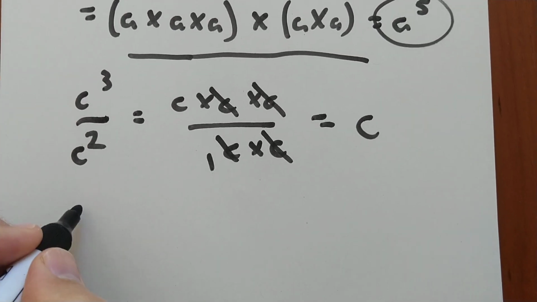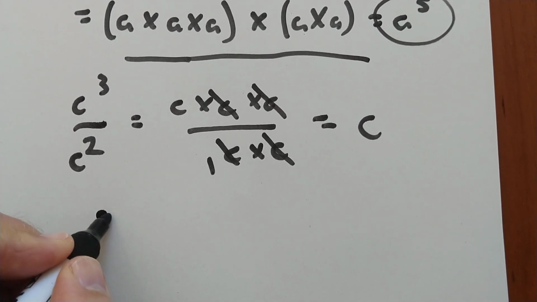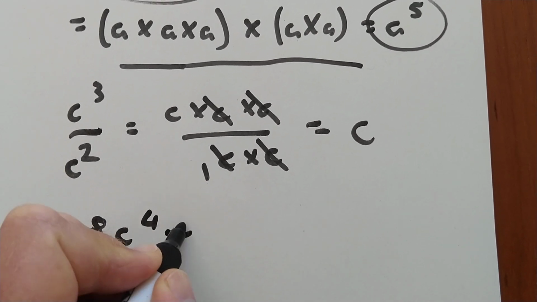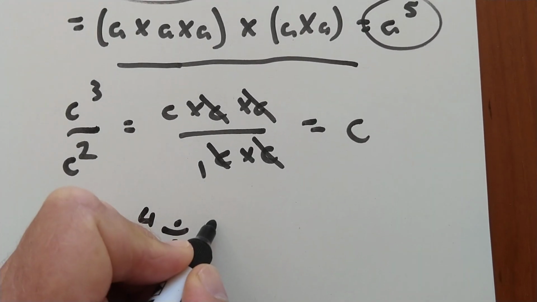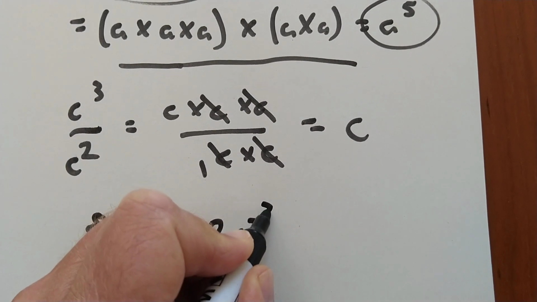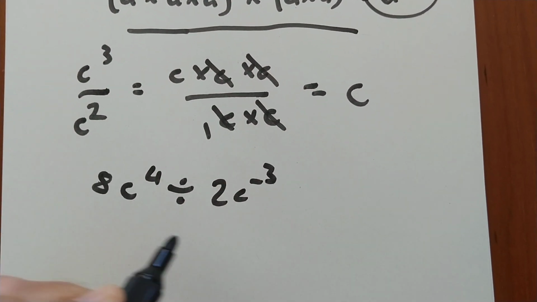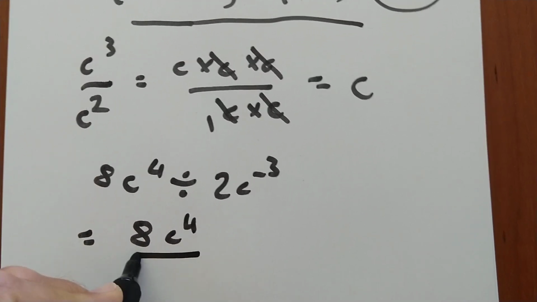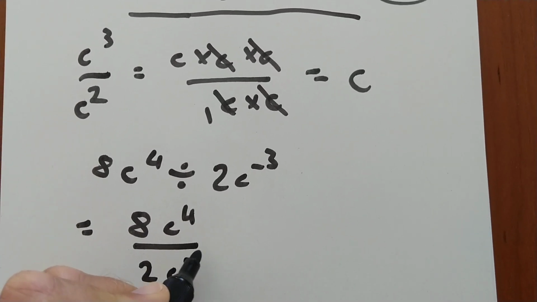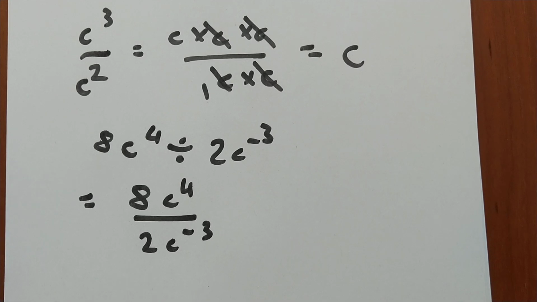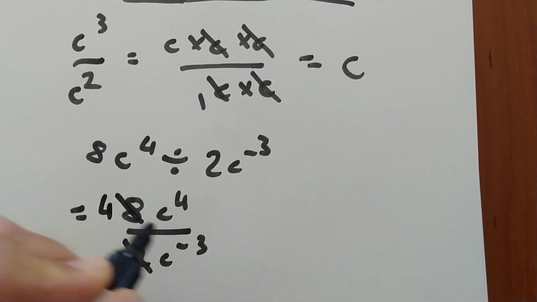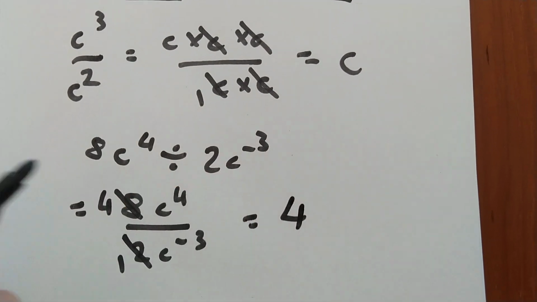Well, in the same way, I can now deal with a more complicated one. Now that I've got a simple example to remind me of the rule, if I had something like 8c to the power of 4, divide by 2c to the minus 3. Well, another way of saying divide is just to say that's 8c to the 4 over 2c to the minus 3. 8 divided by 2 goes 4. Oh, it's easy, that's 4.